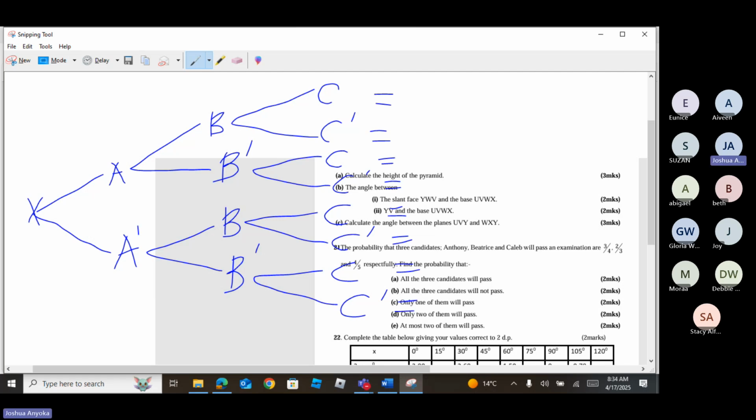So what is the possible outcome? Then to make the probability tree diagram, we insert the probabilities. Anthony will pass an examination with probability 3/4. Failing will be 1/4, whatever remains from 1.